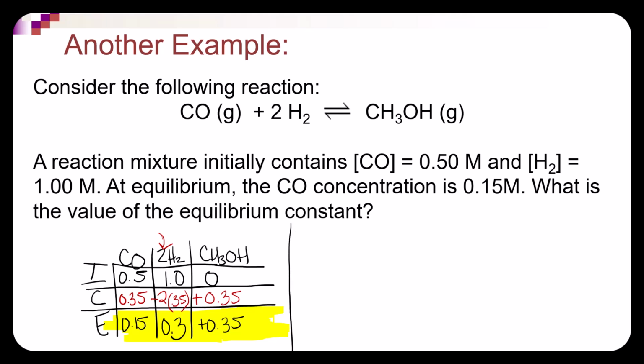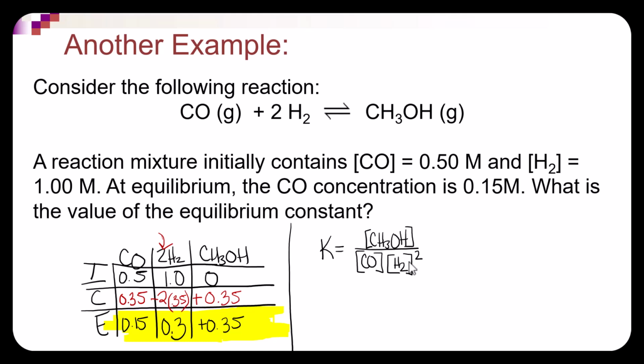Equilibrium concentrations in place, we can plug them into the K equation. So remember, K is always products over reactants. So products is CH3OH. Concentration of reactants at equilibrium, that's carbon monoxide and hydrogen.